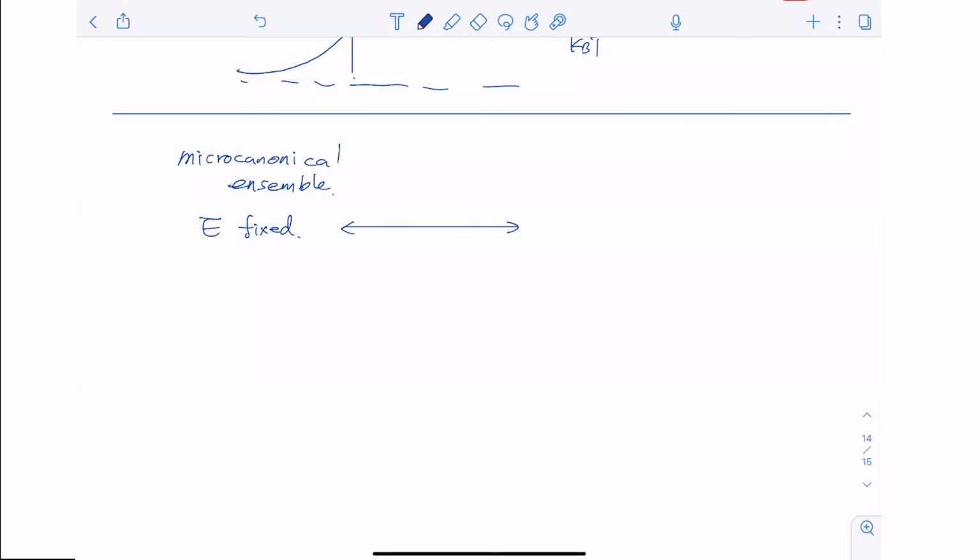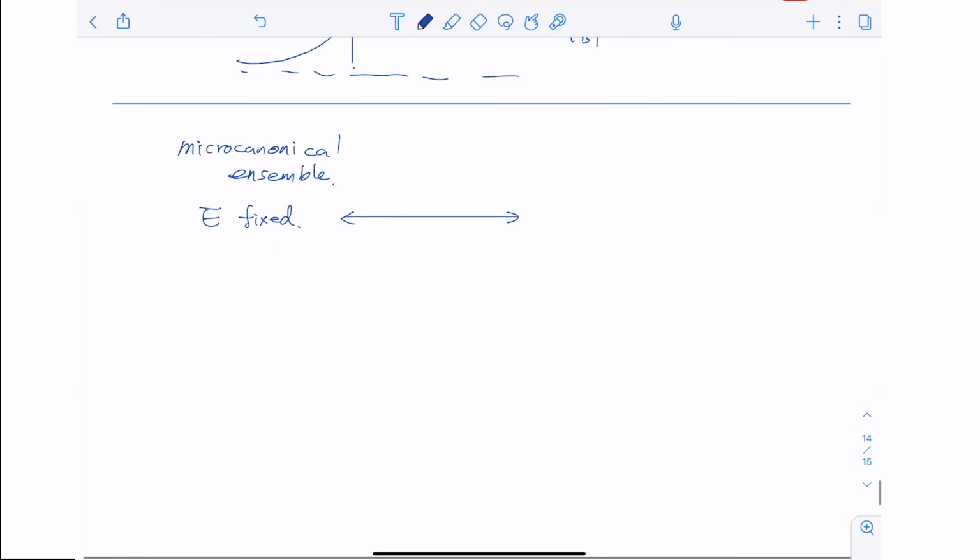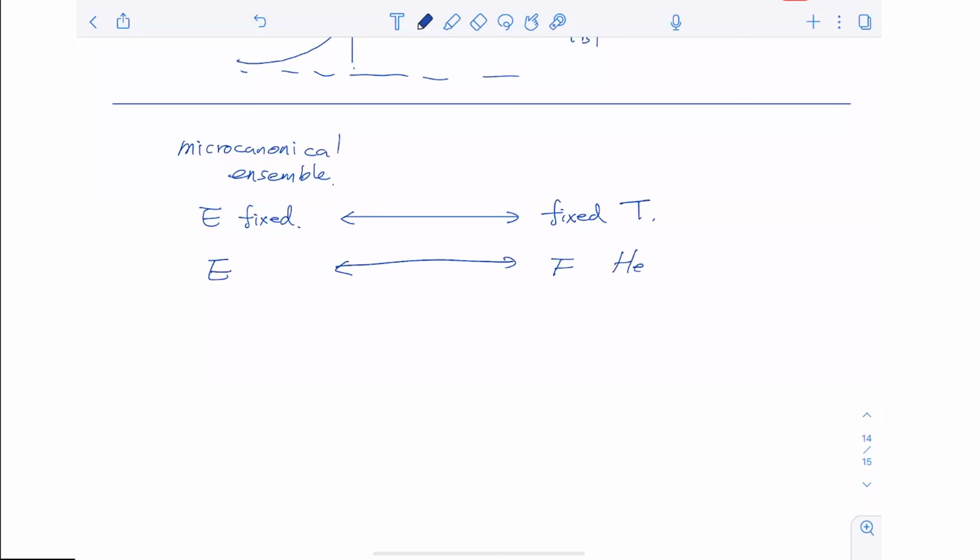We can try to change the fixed quantity to its conjugate variable. So in this case, you can exchange the fixed energy with the fixed temperature condition. In that case, the thermodynamic potential will go from the energy into the Helmholtz free energy.